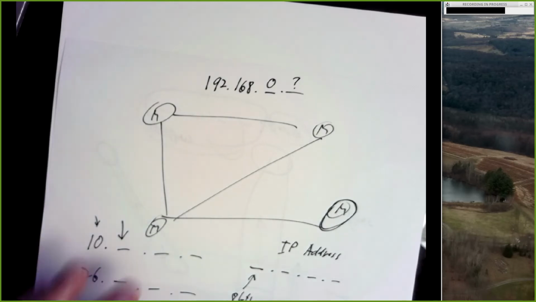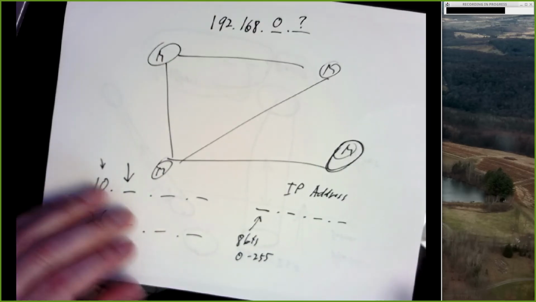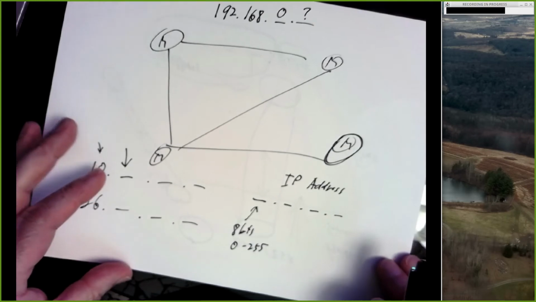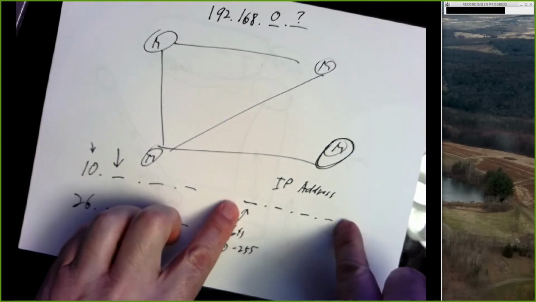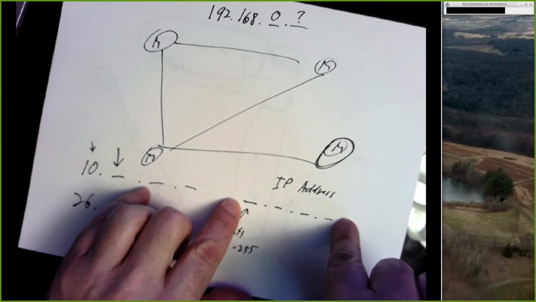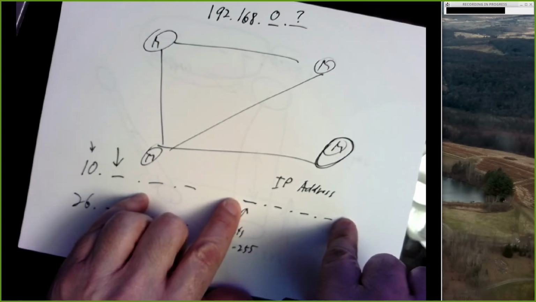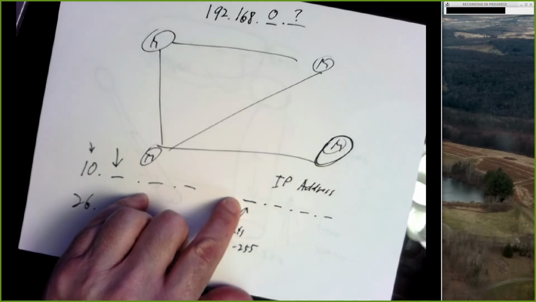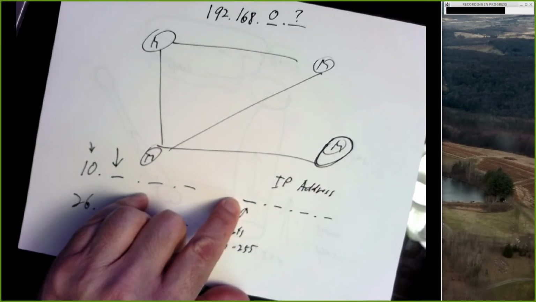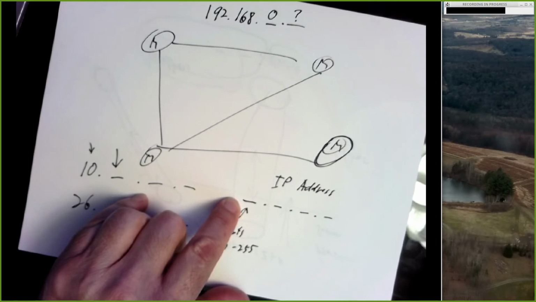So this is where routers come in, right? If every machine on the network had its own 32-bit address, we would have run out of addresses a long time ago. Just think how many different machines at Clark College are connected to the internet. Every time you turn on a phone, every time you turn on a Kindle, every time you connect your fitness tracker watch to the network to upload your latest run.